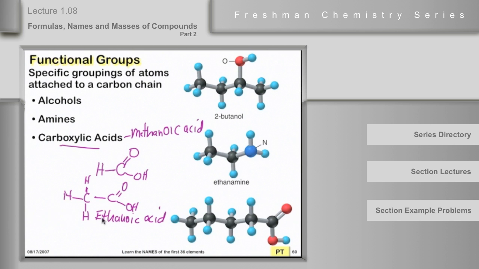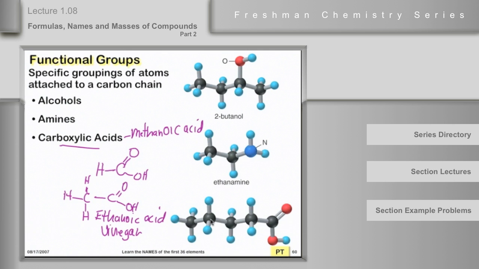Okay, ethanoic acid is something you encounter very frequently in vinegar. It's the substance that makes vinegar acidic. Ethanoic acid is a very common biologically important molecule.